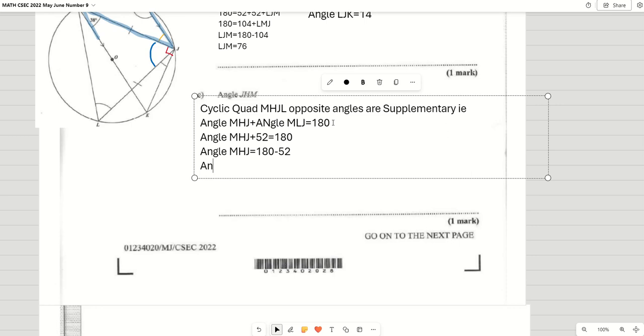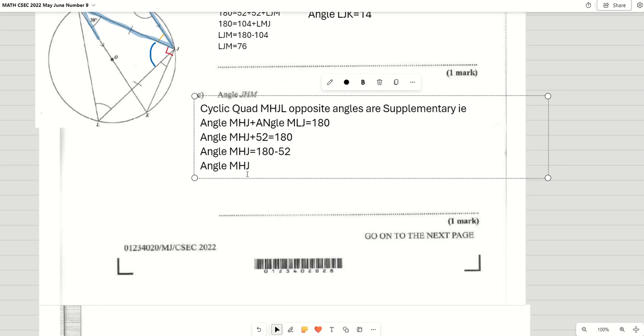So that is angle MHJ or JHM. Please note that it is angle H we're looking at between the lines J and M.